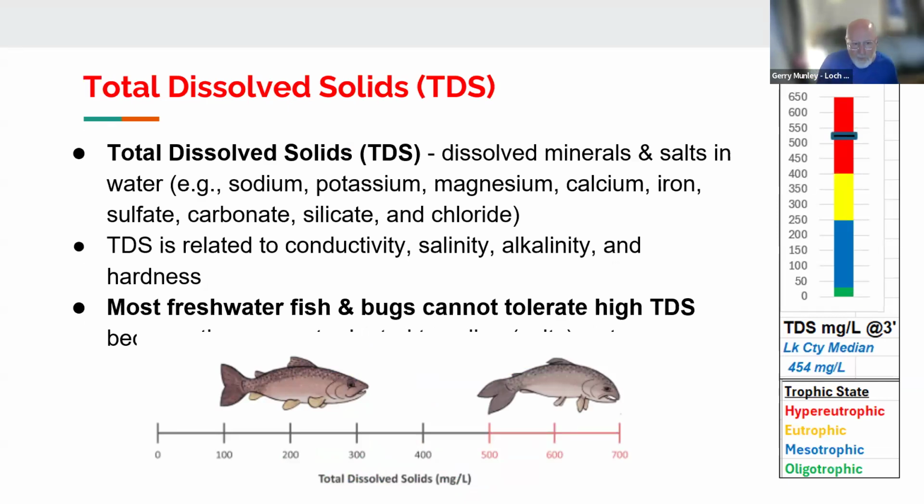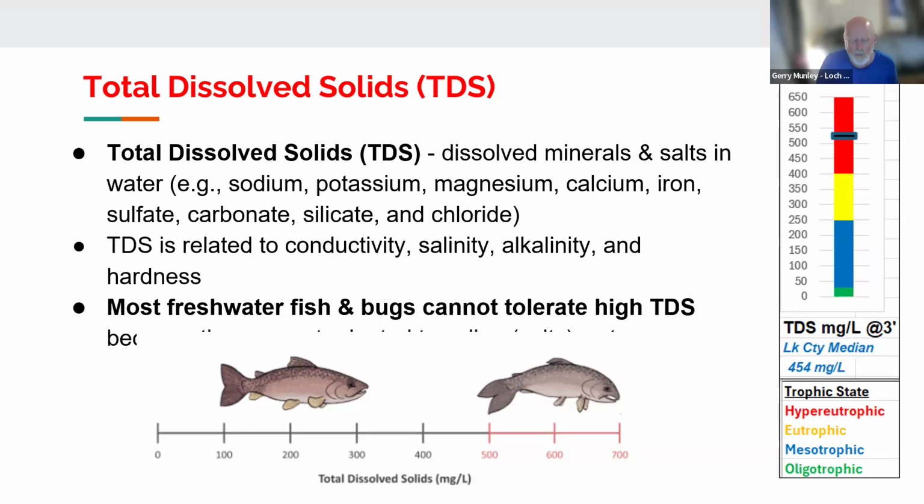Total dissolved solids is minerals and salts that are in water. You also will see this in measuring conductivity in your lake, and the total dissolved solids can particularly affect fish.